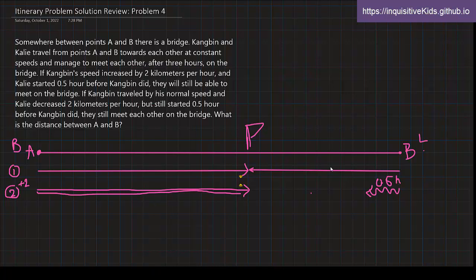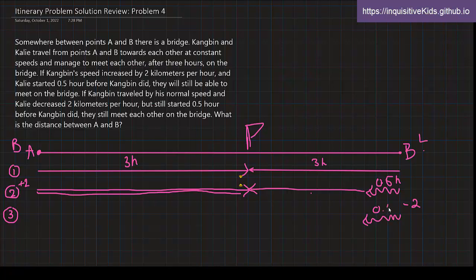Speaking of 0.5 hours early, this is 3 hours. This is 3 hours. And then I'm going to use a normal straight line for when Kangbin also started traveling. Now our final scenario is when Kalie decreased her speed by 2. So I'll write a quick subtract 2 here. She still has her 0.5 hour here.